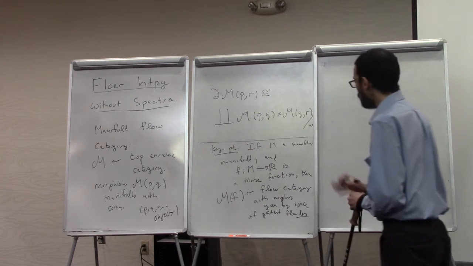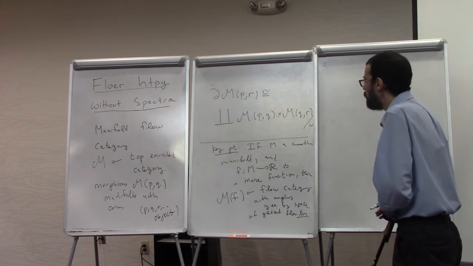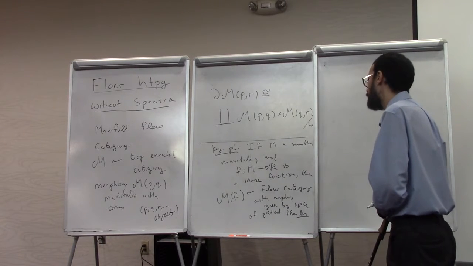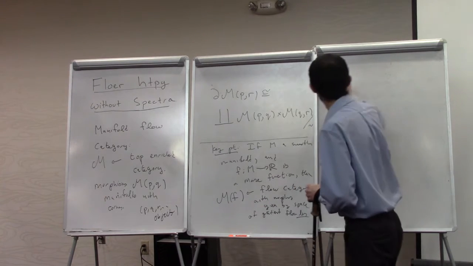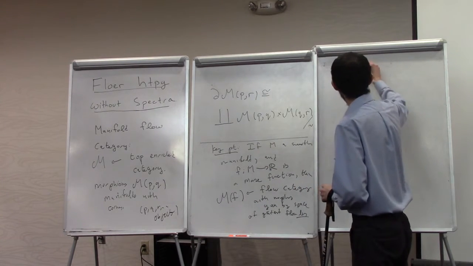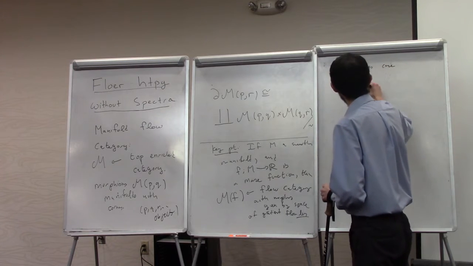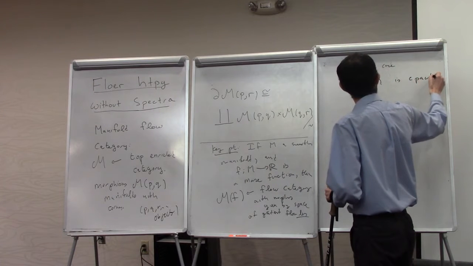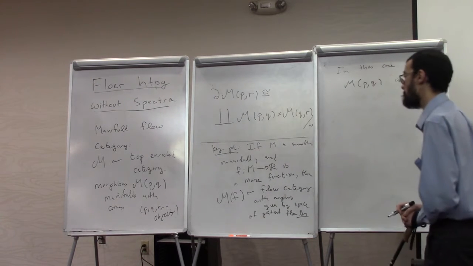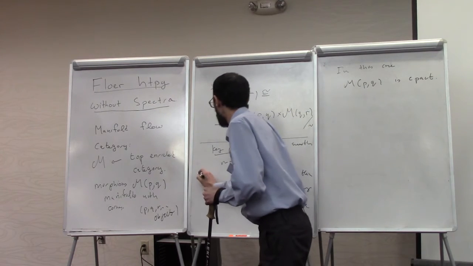Now, this is in some sense the most simplified example. In Floer theory, what we encounter is something more complicated. Because in this case, I didn't quite say this, these moduli spaces are proper. The objects here will be critical points.